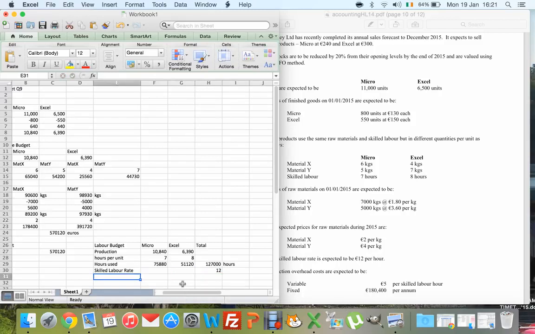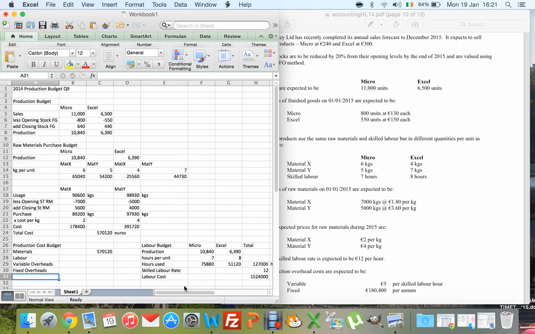So labor cost is 127,000 hours multiplied by 12 euros. So that, then we'll go in over here. So there's my labor cost. So variable overheads. So it's on the bottom here. Overhead costs are €5 per skilled labor hour for variable.